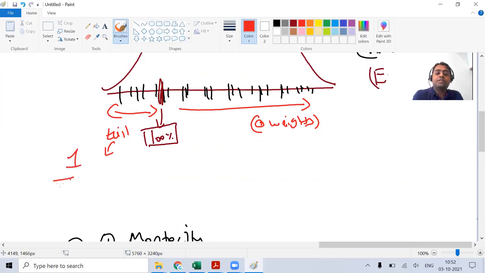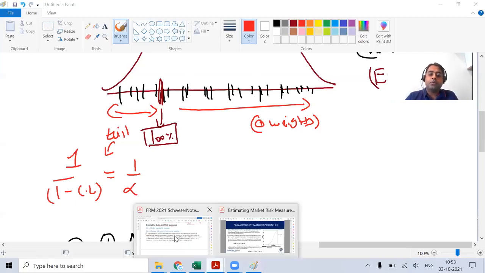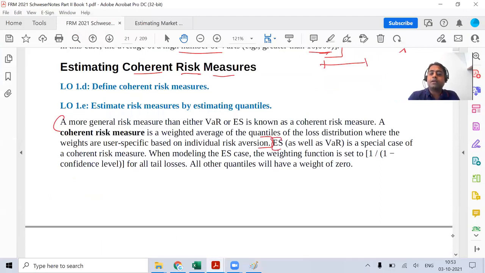The weightage was 1 upon 1 minus confidence level, or equal to 1 upon alpha. That was the basic idea of giving weightage to the tail. So this same thing is being talked about over here from this part till this part.